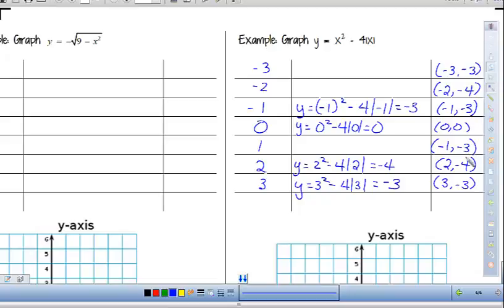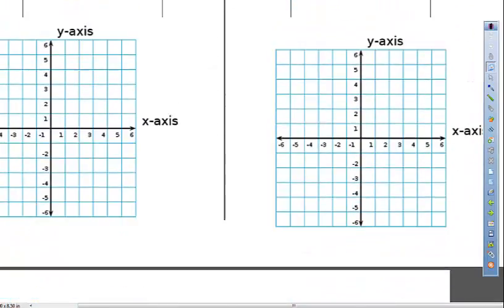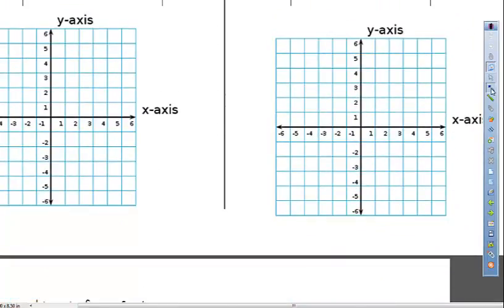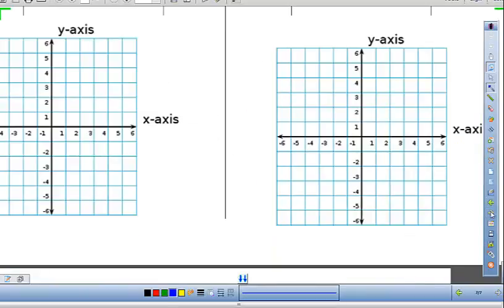Okay, so if we plot these, I will not remember all of these. We've got negative 3, negative 3; negative 2, negative 4; negative 3, negative 3.